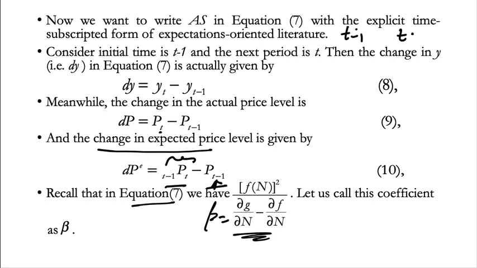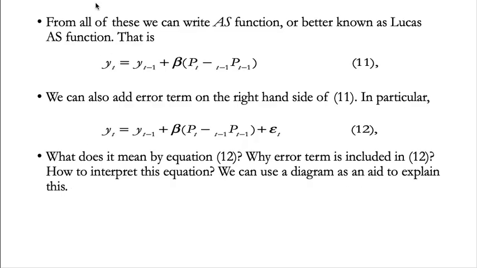Here we have dy described as 8, dp described as 9, and dpe described in 10. Now we're going to use all of 8, 9, and 10 to write the equation in the form of expected value. What we have is dy, and then we replace the very tedious coefficient with beta, and in brackets dp minus dpe.